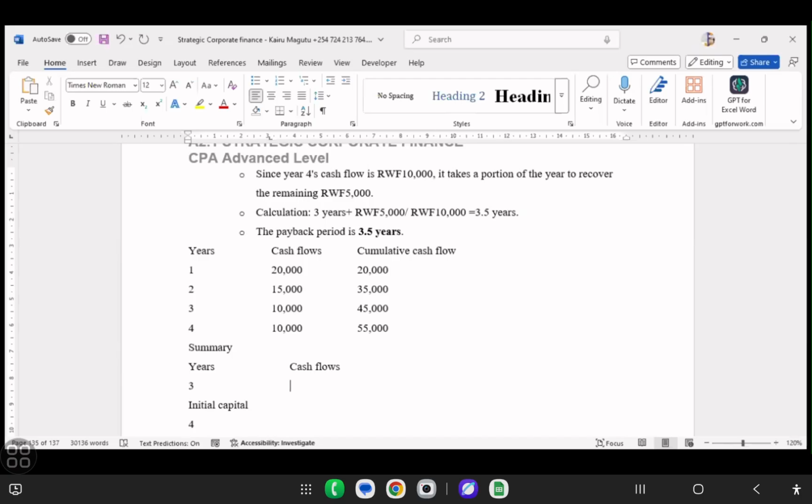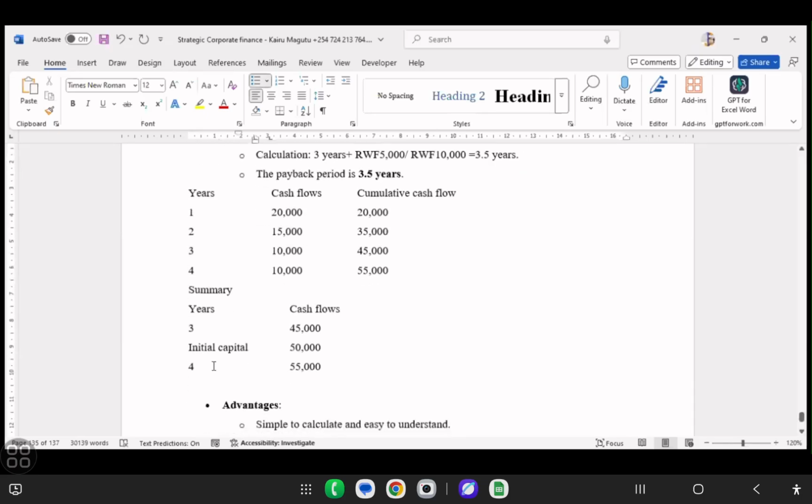By the end of the third year, I have 45. The initial capital gives me 50. And by the end of the fourth year, I have 55. That is a better way to go about it. And if this is the case, we can therefore say that the payback period is equal to 3 full years.